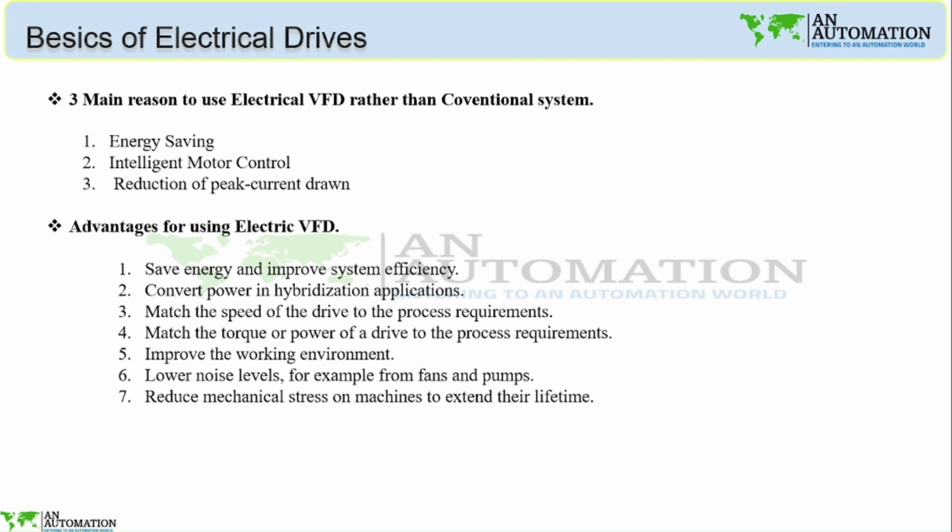Reduce mechanical stress on the machine to extend their lifetime. Here, mechanical stress is a huge chapter. Electrically, we can understand that at the starting time in a DOL starter or any other starter, the induction motor takes enormous current to pull out the starting torque.